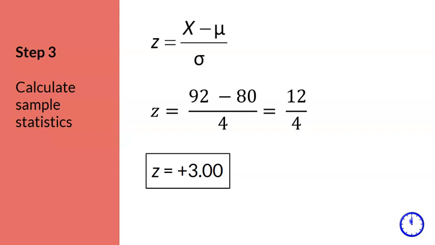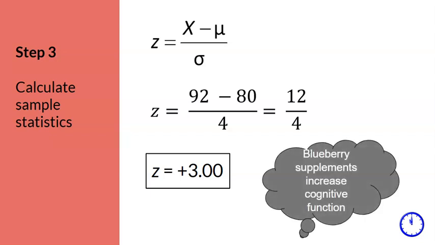Our dependent variable, or the variable that we are measuring, was cognitive function. Putting those two together, the z-score means that blueberry supplements appear to increase cognitive function. This initial interpretation of the z-score value is critical in writing summary and interpretation statements.